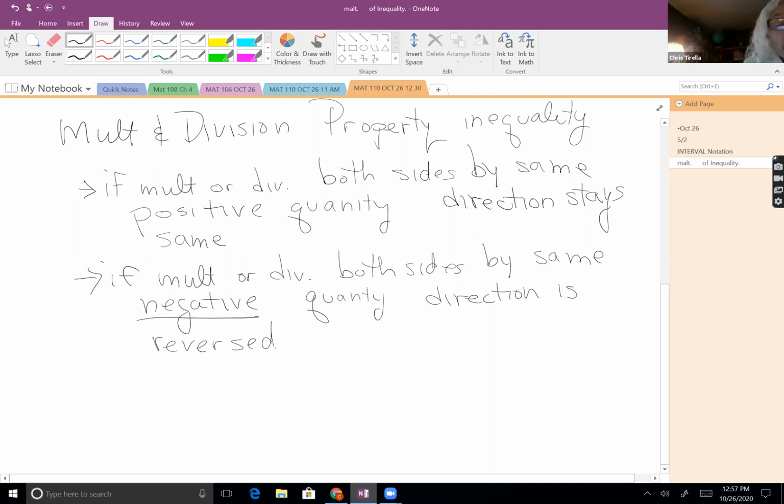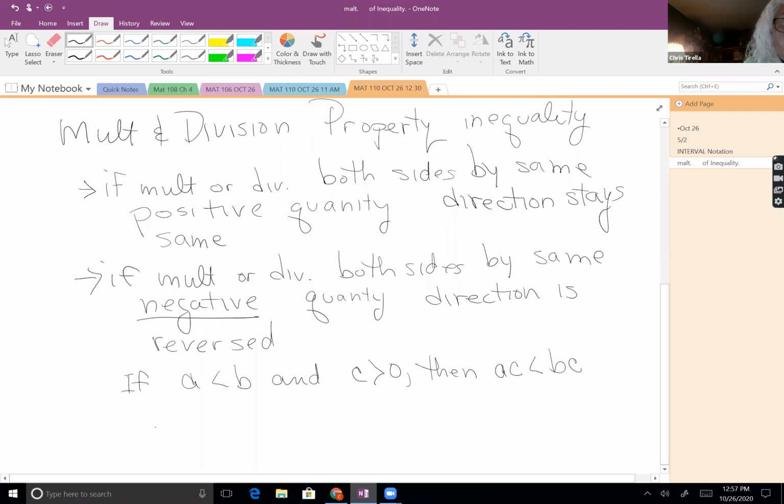And if I wanted to write that symbolically, I would say if A is less than B and C positive would be bigger than 0, then AC is less than BC.